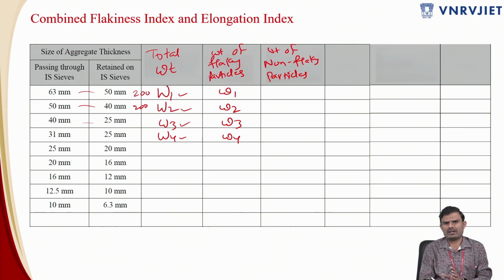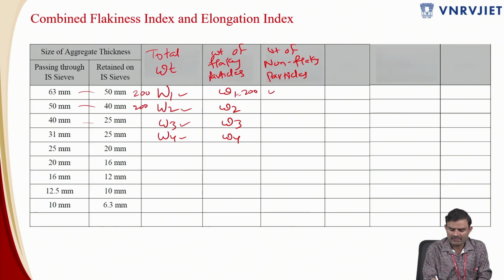Now, when you are referring to this combined flakiness and elongation index, you have to follow a caution: you have to do a combination of elongation and flaky test. It means you have to do the flaky test first and separate the weight of non-flaky particles. For example, I have taken some 5000 grams over here and let 200 grams be flaky particles.